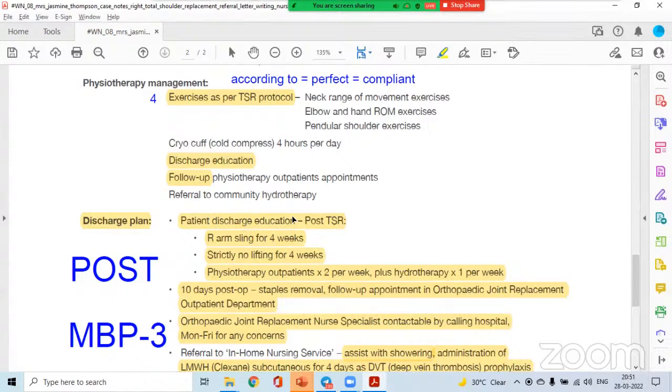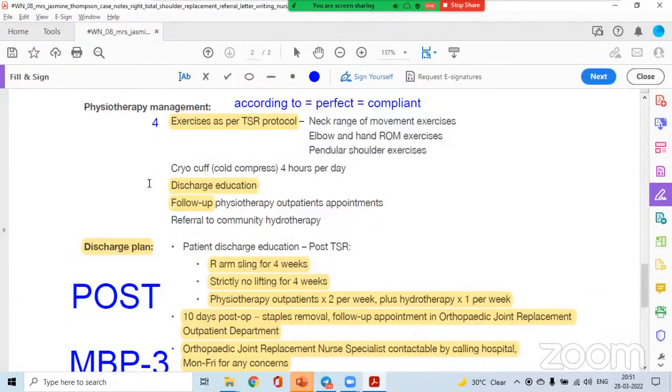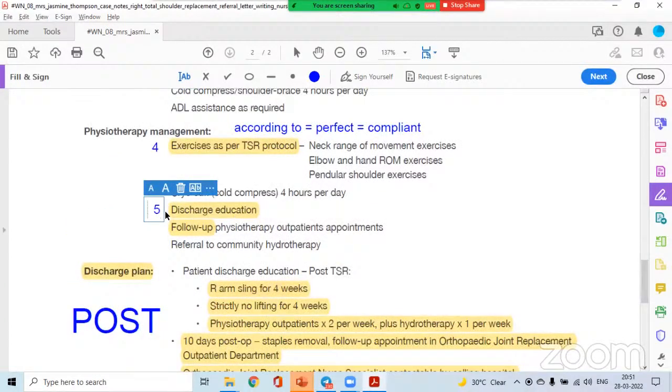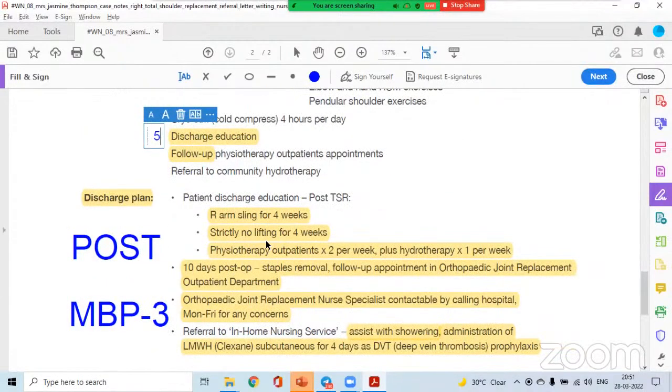This will go into the previous paragraph, since it is already there. So this is the fifth point. Everything is given. Discharge education has been provided. That goes into the previous paragraph.